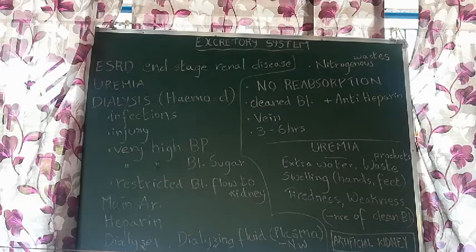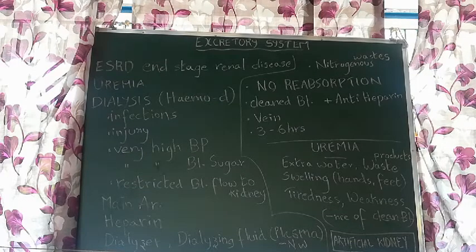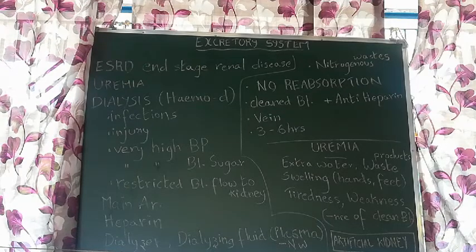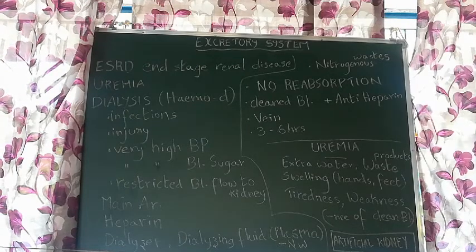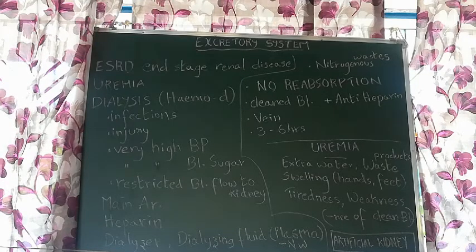As the waste products are getting accumulated in the body, there is no clean blood, so we cannot be very active. So we feel weak and tired. This is the condition called uremia, and it happens when the kidney fails completely and irreversibly.